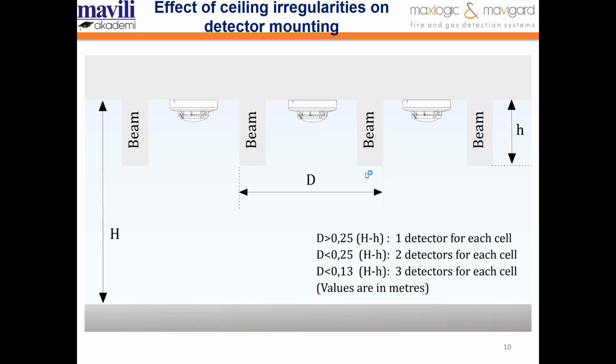And if this distance is lower than 0.25, we should put a detector in every second cell. And if this distance is lower than 0.13, we should put one detector per 3 cells, as you can see on this screen.